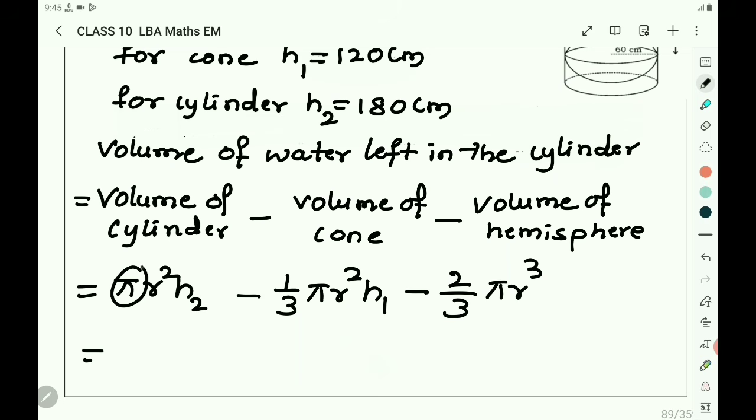Then pi is there, pi is there, pi is there. You can remove pi as a common from each term. And r square is there, r square is there, r cube is there. R square can be removed as a common.